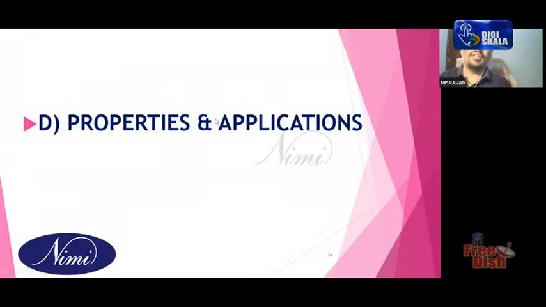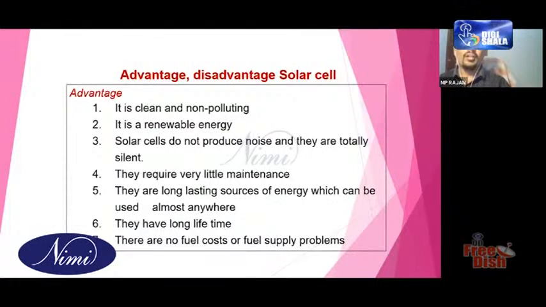Now lastly we can see what are the properties of a silicon cell, the advantages and disadvantages of a silicon cell. So we all know, in the last class also we discussed, this is a free energy source. The sun is giving us free energy.